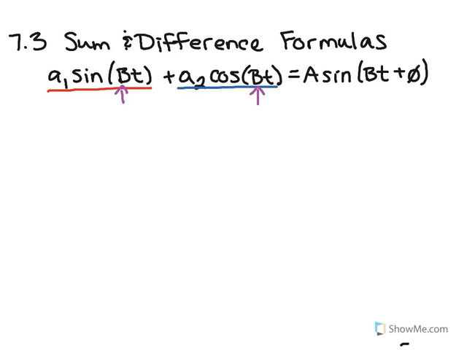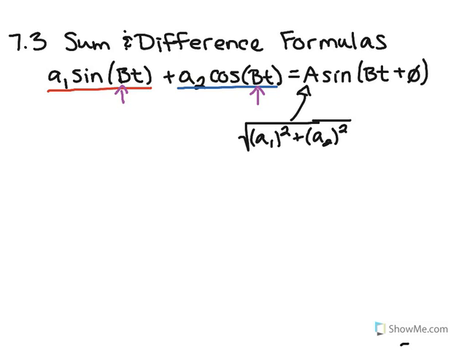So now that I know what I'm looking for, over here on the right hand side, this capital A, in order to get this, we do the square root of a1, our first a term squared, plus a2 squared.